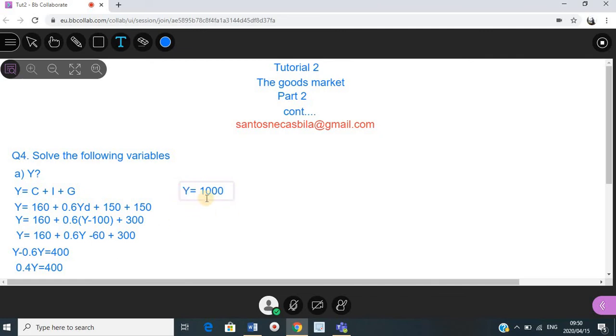Very good. So this is our income of equilibrium, or equilibrium income. So let's move on.